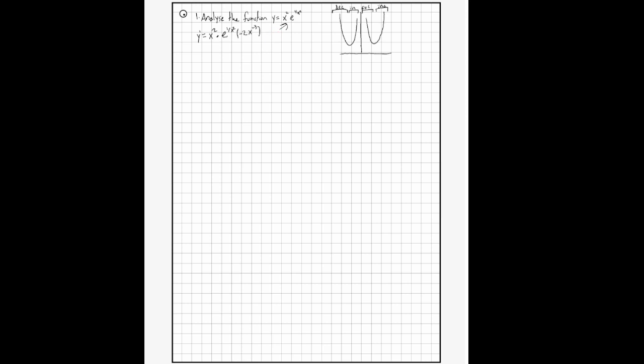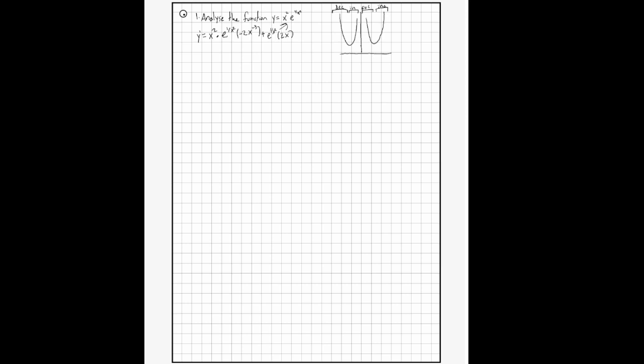And then, as part of the product rule, I need to add this to the first one: e to the 1 over x squared times the derivative of x squared, which is just 2x.